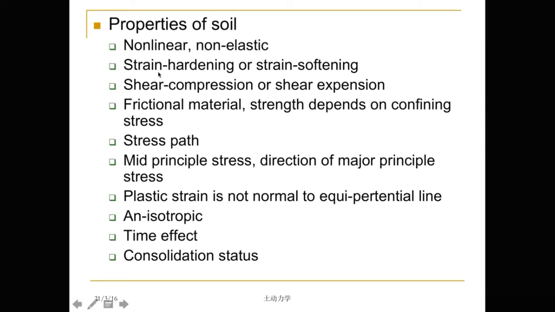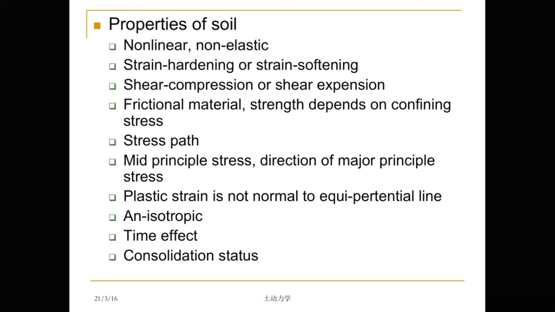Second is strain hardening and strain softening. Strain hardening: for loose sand, for example, when we apply the shear load on the loose sand, then with the shear strain developed, the volume of the loose sand will decrease.